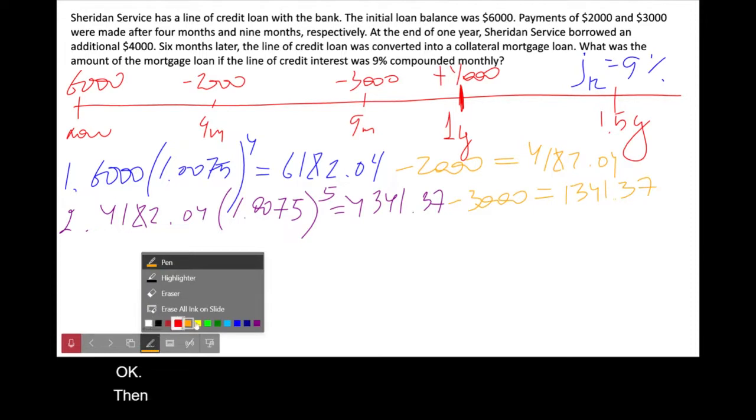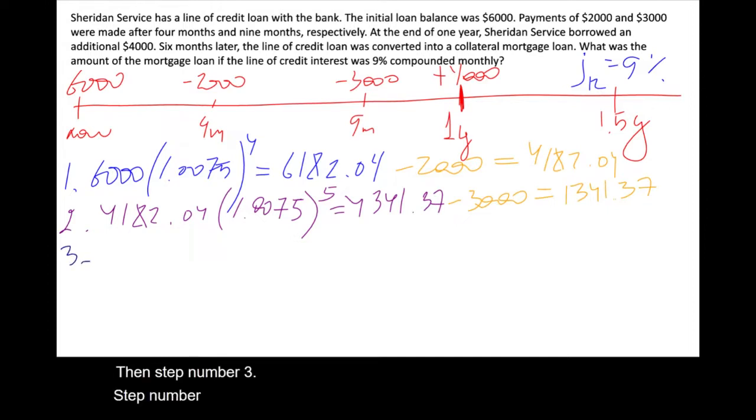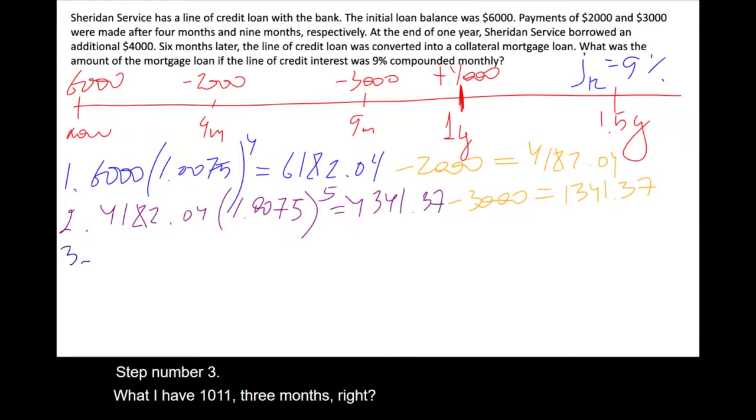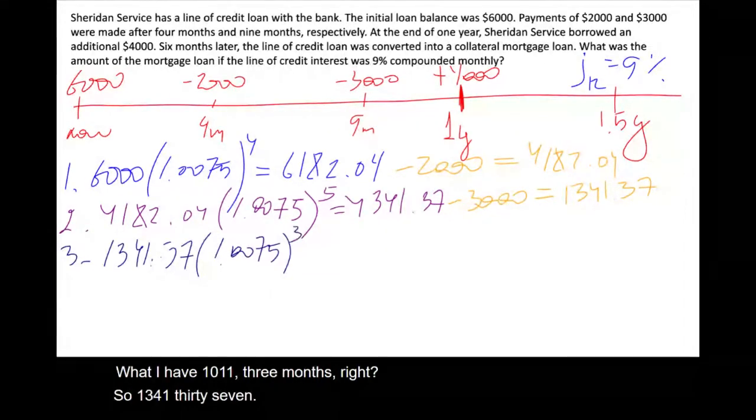Then step number 3. What I have, 10, 11, 3 months, right? So 1.0075 to the power of 3 months.